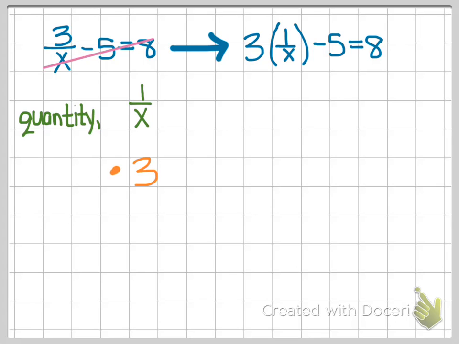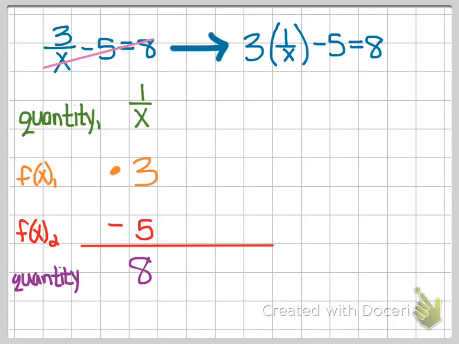The first operation is that it's being multiplied by a value of 3. After that, there is another operation, which is 5 positives being taken away from that side. After those operations, it's being compared to the numerical value of 8.